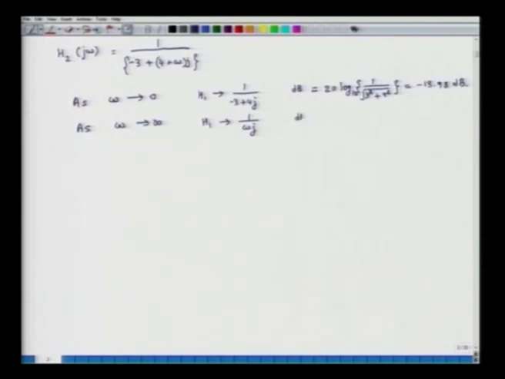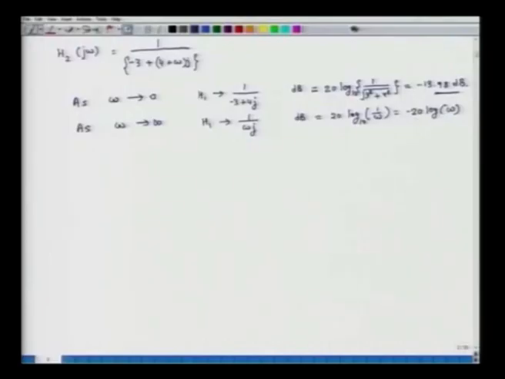So, in decibels I get 20 log of 1 over omega, which is minus 20 log of omega.